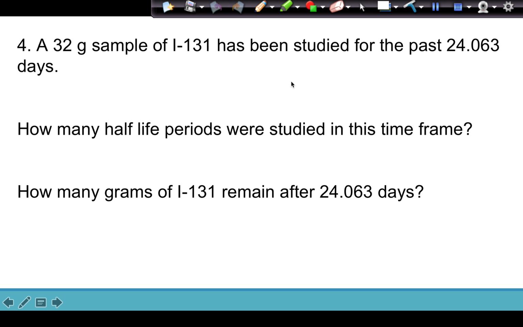So the last one that we're going to do here is the iodine-131 problem. And it says that a 32-gram sample of iodine-131 has been studied for the past 24.063 days. And the first thing says how many half-life periods were studied in this time frame. So again, we're going to take the total time and put it over the time for one half-life. So please look on table N and find iodine-131's half-life.